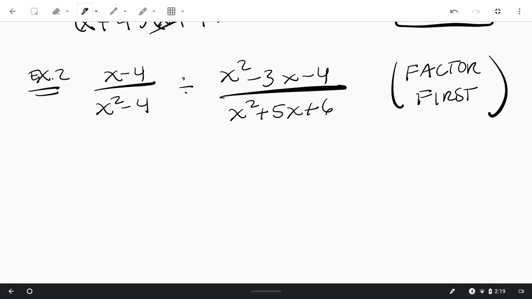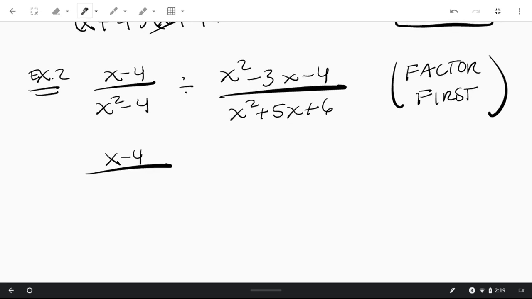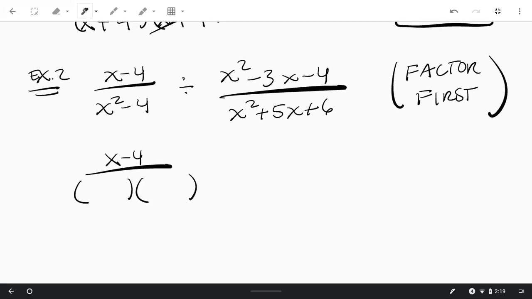Okay, so x minus 4, nothing to factor there. Down below in the denominator, x squared minus 4, we have perfect squares. So this is going to be x plus 2, x minus 2.